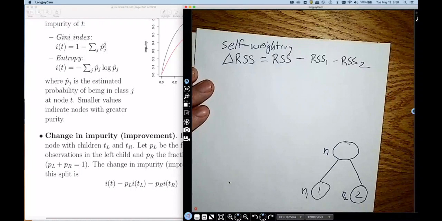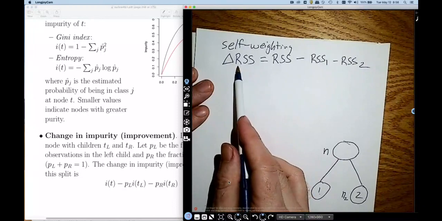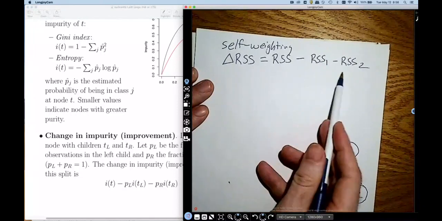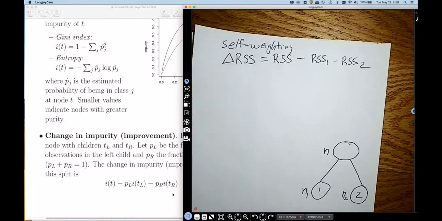What would happen if we had used a slightly different measure of impurity? Instead of looking at, think of this as the residual sum of squares, what if we took the mean squared error? The mean squared error would divide by the size of the node, and that's kind of like what I have here.